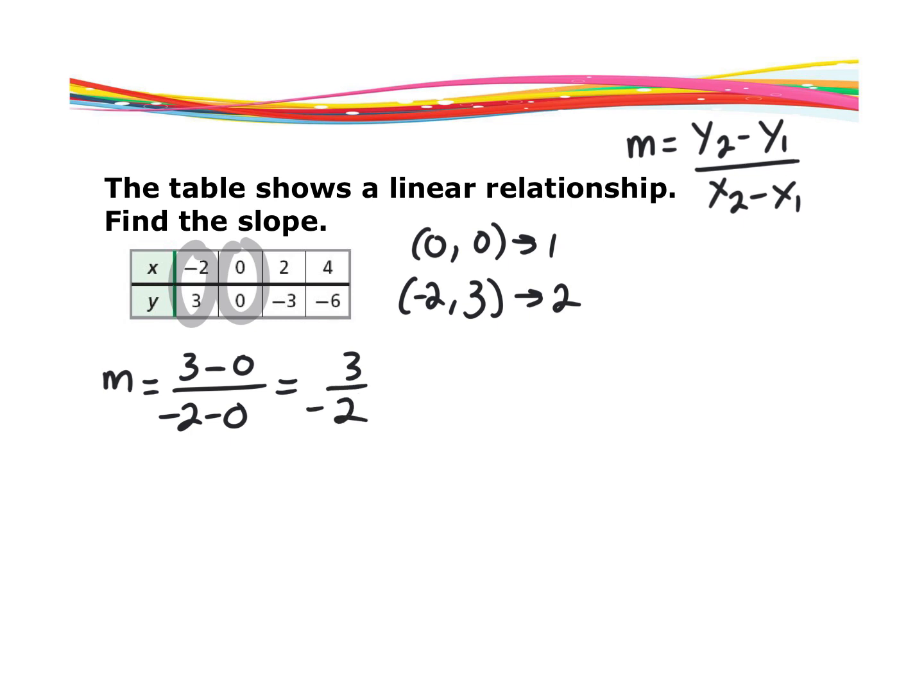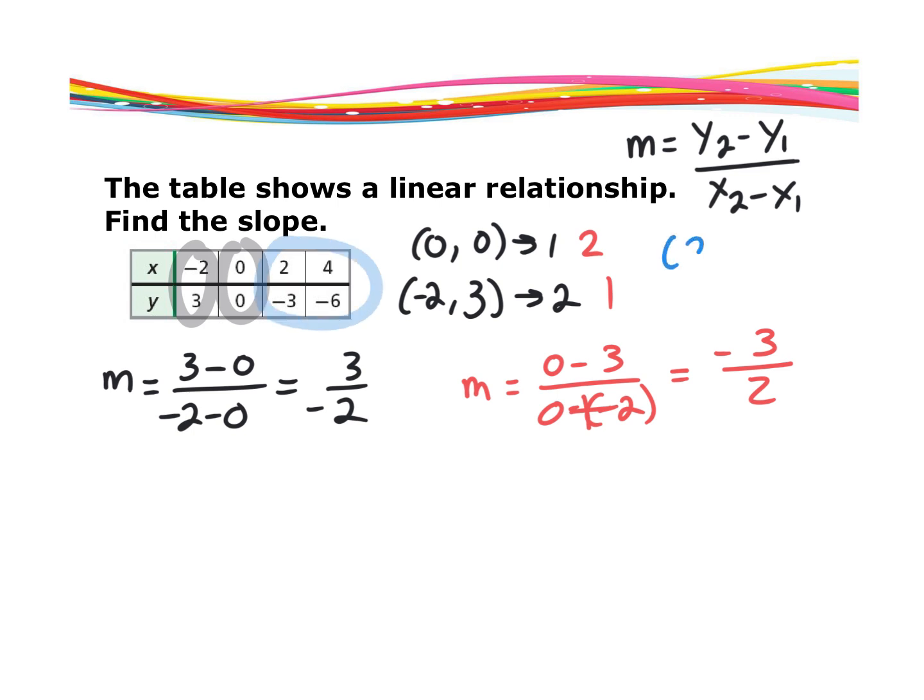If you happen to have done it backwards, it would be 0 minus 3 and then 0 minus negative 2. That minus negative is going to become a positive, and you're left with negative 3 over 2. So same slope. If you chose different numbers, I'll do, say, these 2 numbers because you like them better.